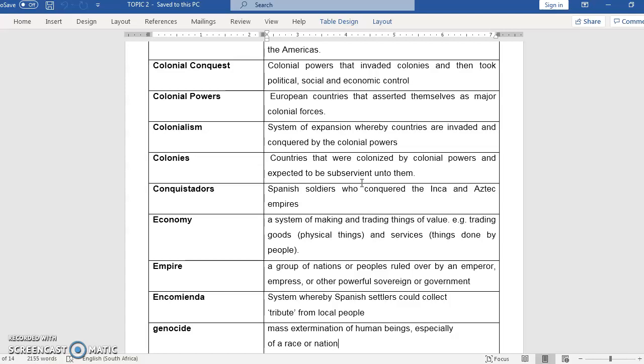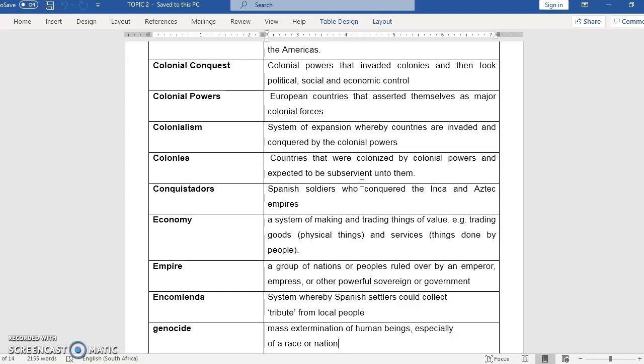An economy is basically a system of making and trading things of value, meaning you can trade goods or services for money. So your economy has to do with how your country deals with money. Later on in this unit, I'm going to speak about the economic causes of colonial expansion. That means what monetary reason? Why were people traveling? Because they wanted money.